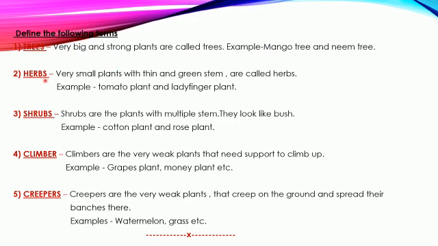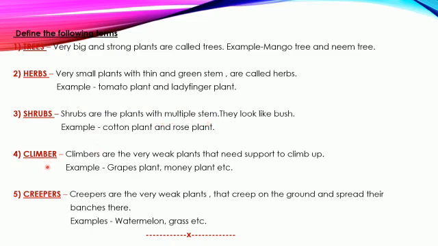Second is herbs. Very small plants with thin and green stem are called herbs. Example, tomato plant and ladyfinger plant. Then it is shrubs. Shrubs are the plants with multiple stems. They look like a bush. Example, cotton plant and rose plant.